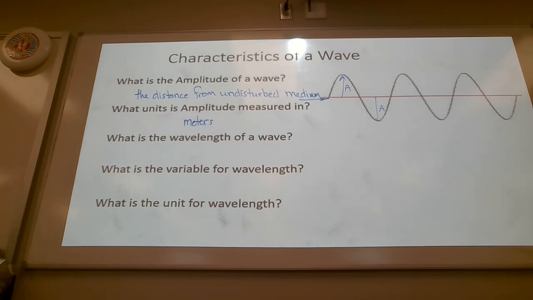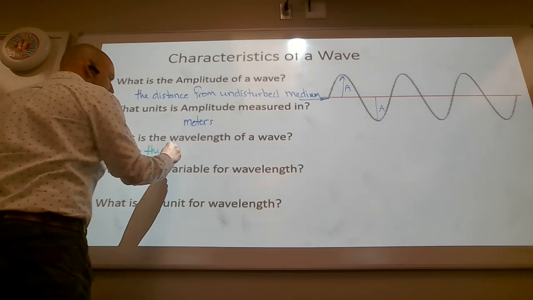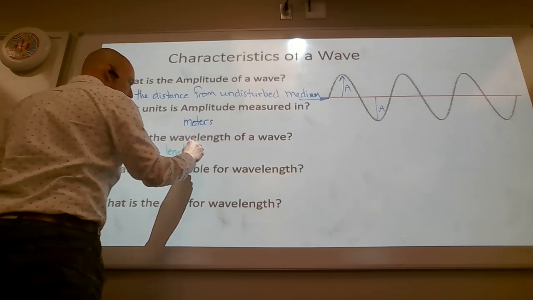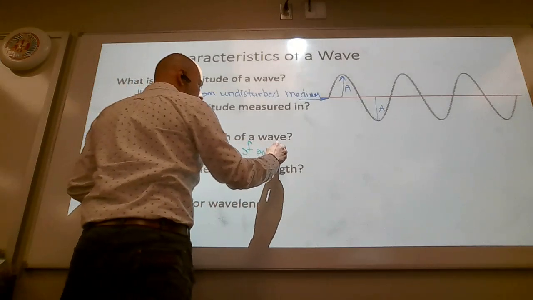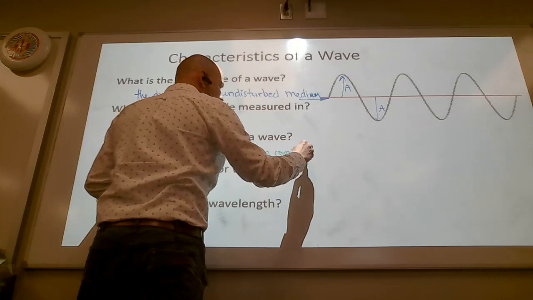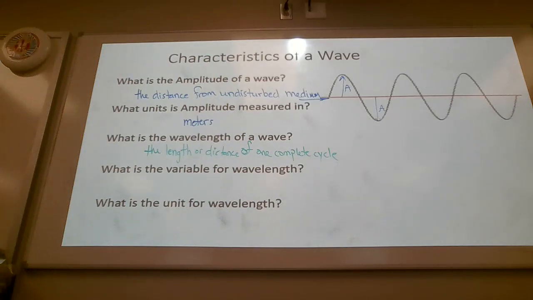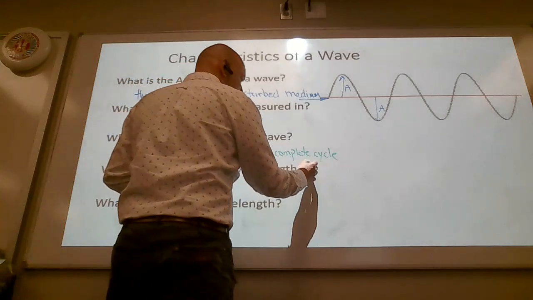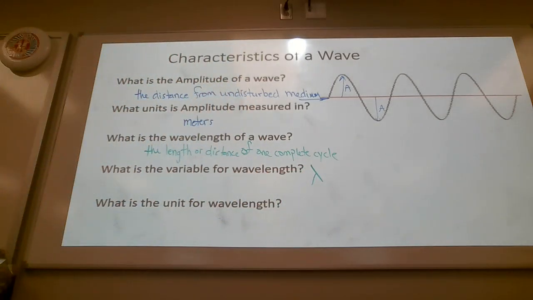The wavelength. This is the length or distance of one complete cycle. The variable for this, you might recognize that from chemistry, is a lowercase lambda, which is an upside down inverted lowercase y.